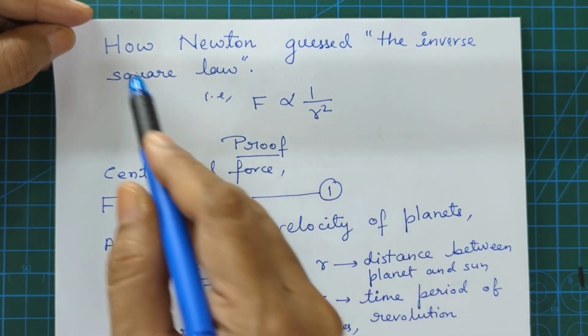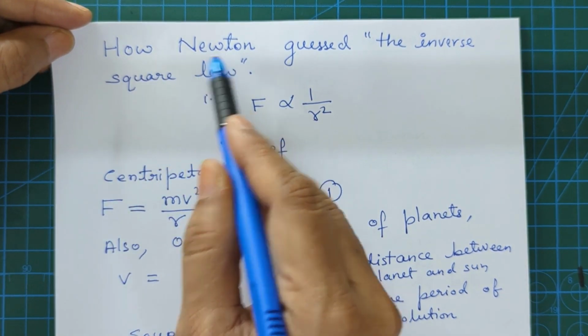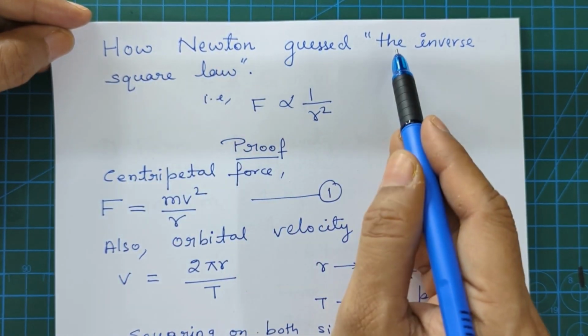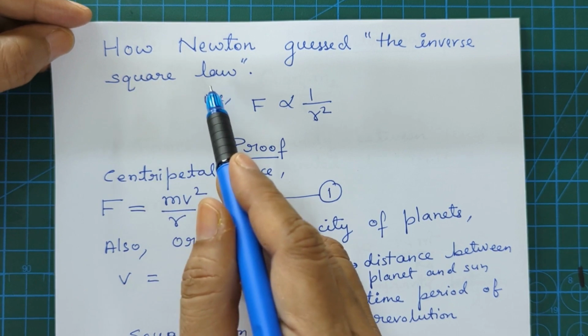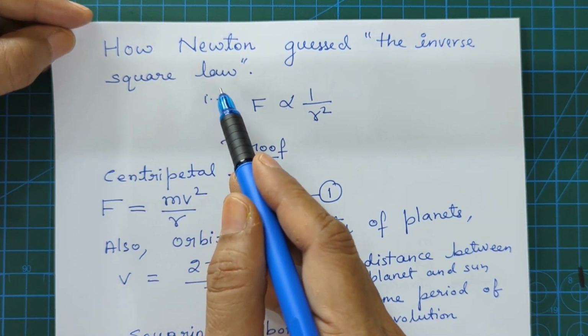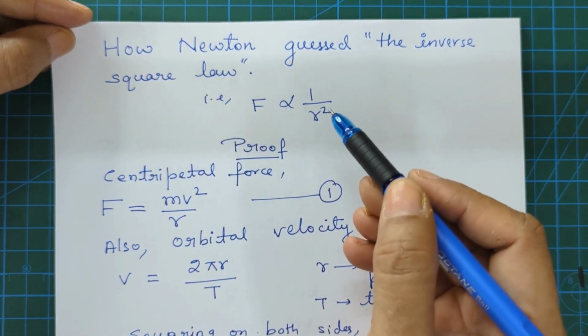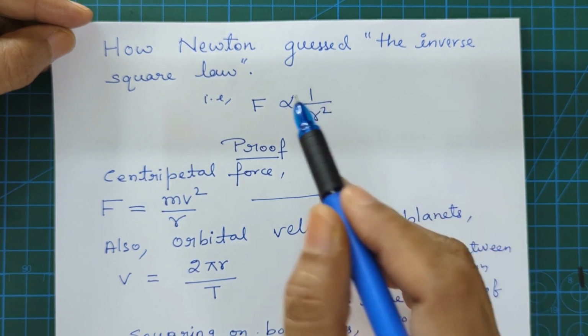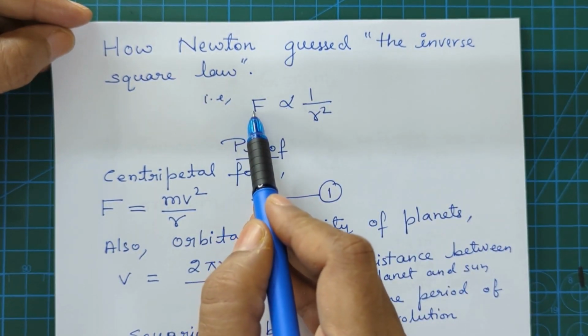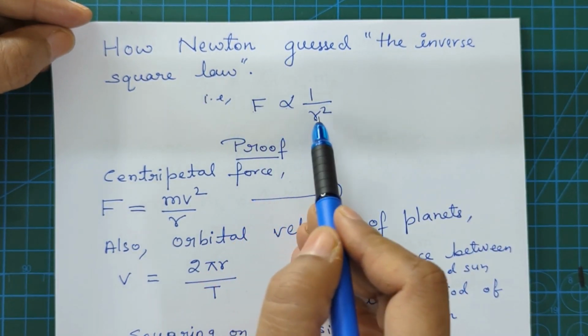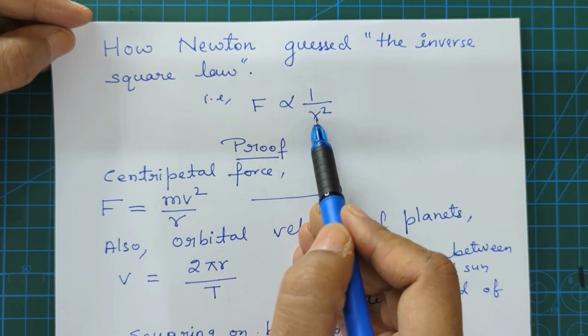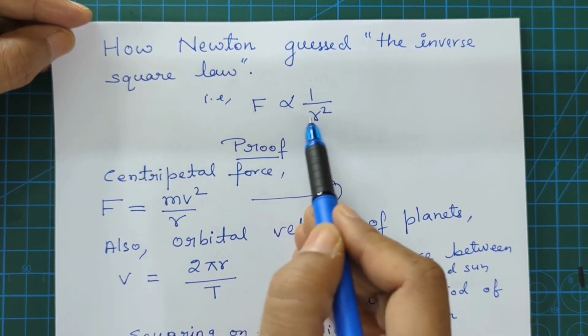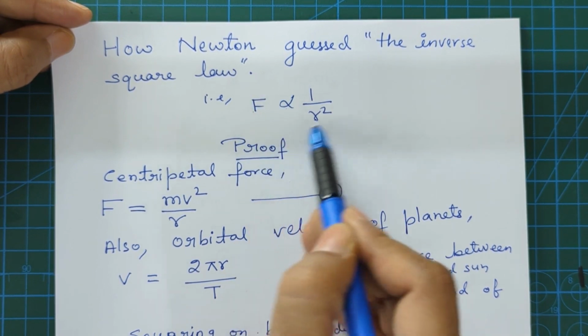In that case, how did Newton guess the inverse square law? Why is the universal law of gravitation otherwise known as the inverse square law? It is because the force of gravity is inversely proportional to the square of the distance of separation between the masses. This is called the inverse square law.